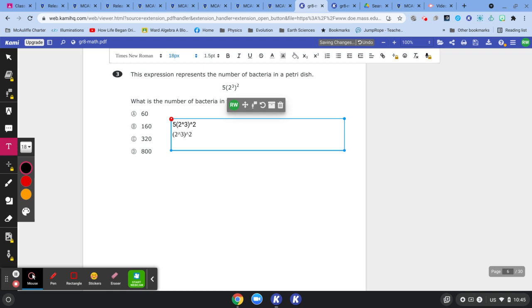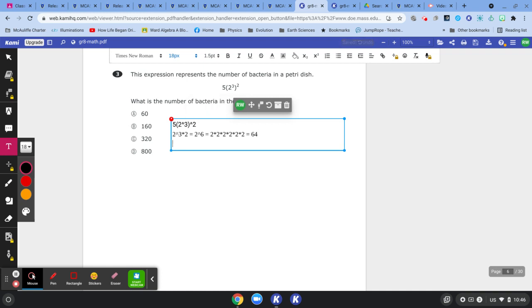So this is the same as 2 to the 3 times 2, which means it's the same as 2 to the 6th, which is 2 times 2 times 2 times 2 times 2 times 2, which becomes, okay, 2 times 2 is 4, times 2 is 8, times 2 is 16, times 2 is 32, times 2 is 64.